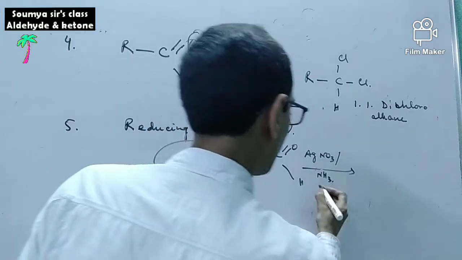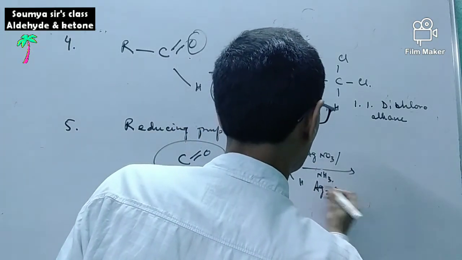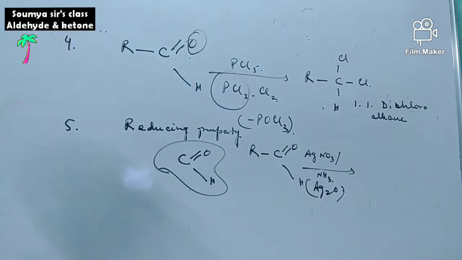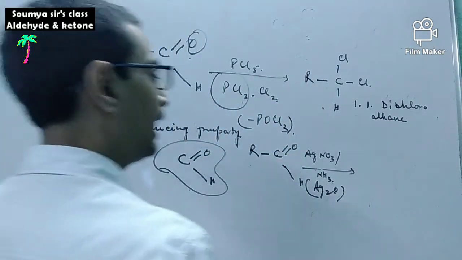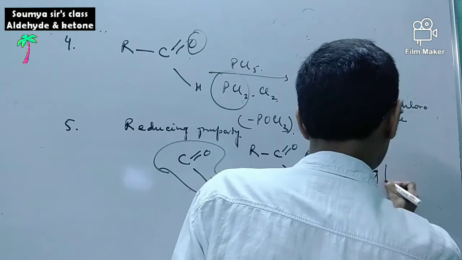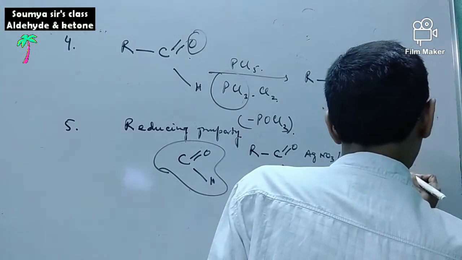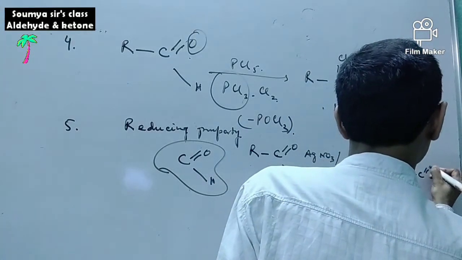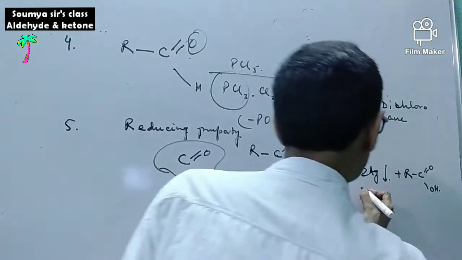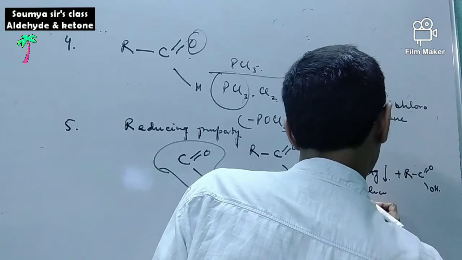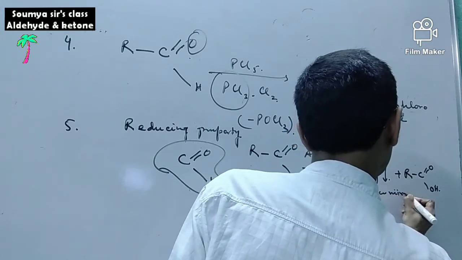These 2 react to form Ag2O, that is silver oxide, whose oxygen is taken up by the aldehyde and silver precipitation takes place, and the aldehyde is oxidized to form acid. It is called silver mirror precipitation of metallic silver.